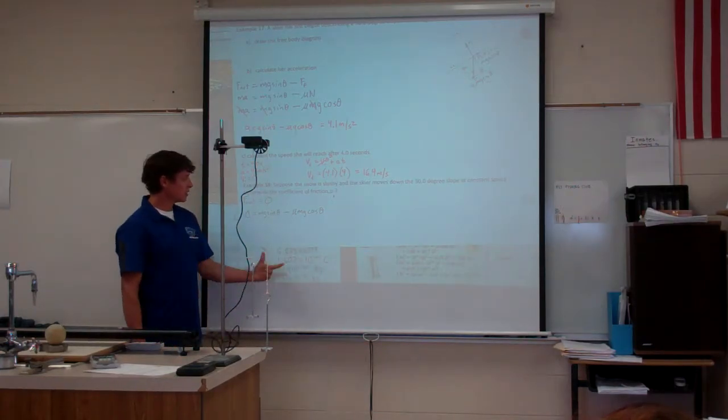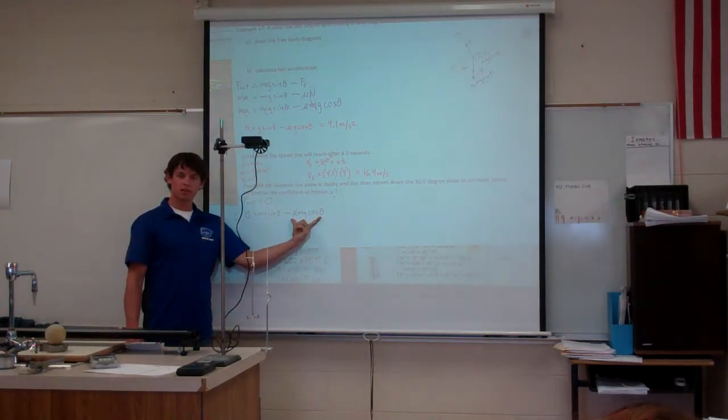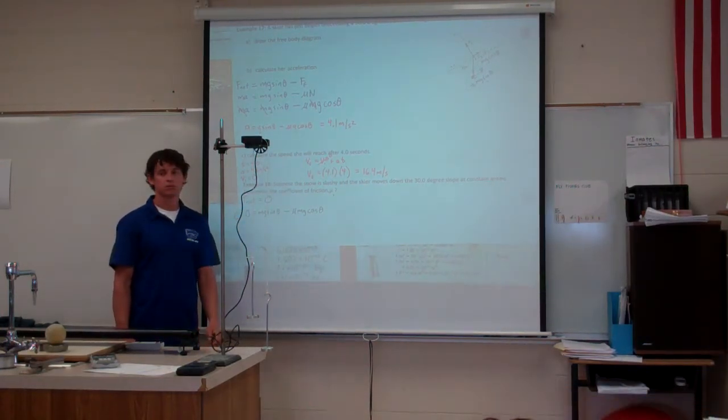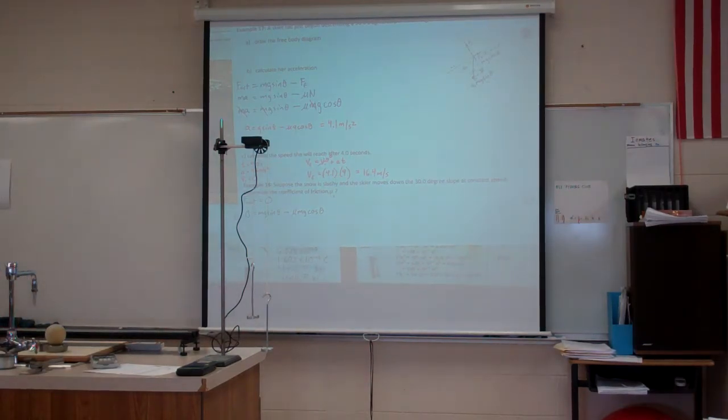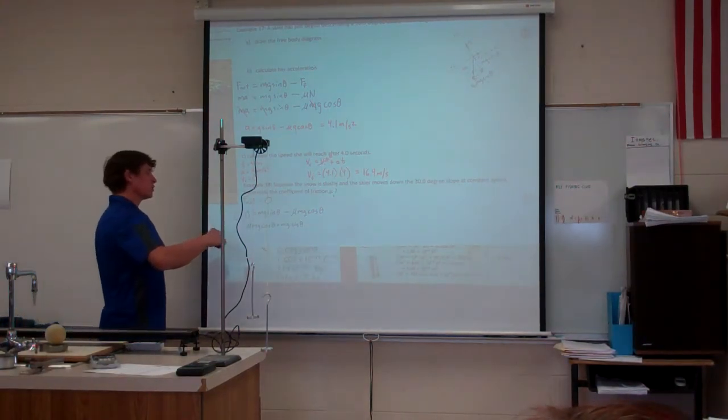Now take this big ugly term and move it to the other side. So we get that. Those two forces are equal. The downward force is equal to friction.